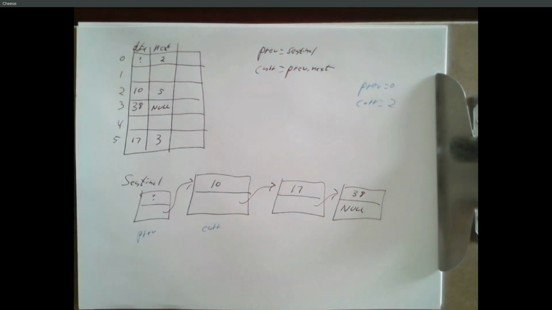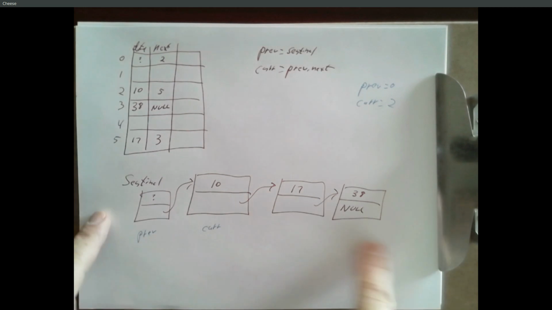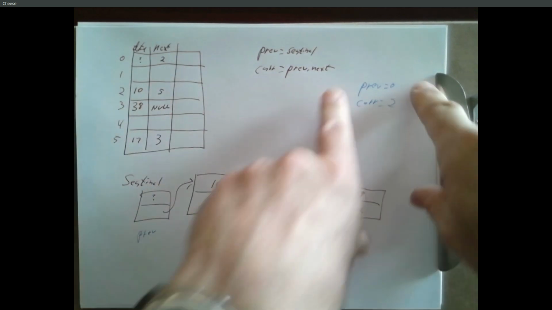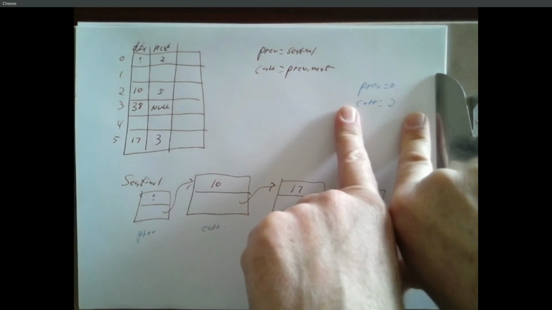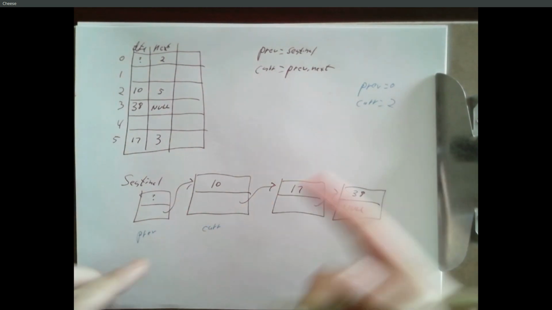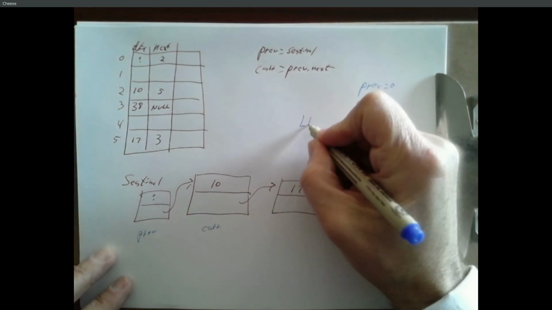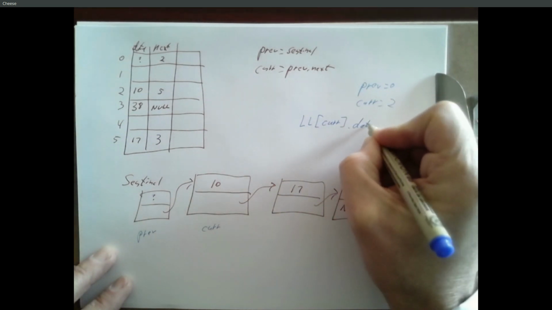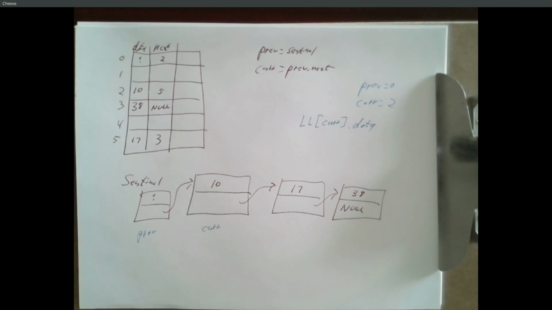So there's different levels of abstraction here. This is what the world looks like in terms of the linked list. This is the actual structure, and in this context, these things are indexes. And in this context, if we want to know what the data value of the current node is, it's something like LL bracket current dot data. Right?